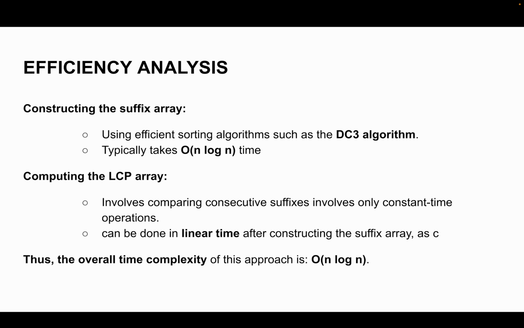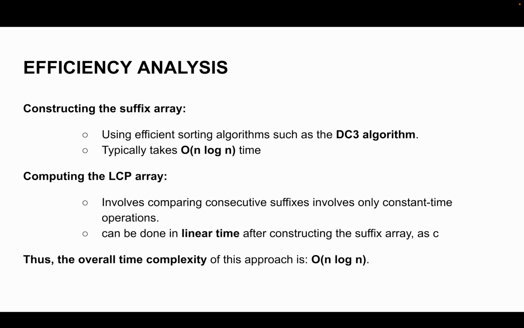Now let's consider how efficient this algorithm is. Firstly, we saw the DC3 algorithm, and you might have found that it is much more efficient to use DC3 than to create suffix trees and then do all those calculations. So it takes O of n log n time.